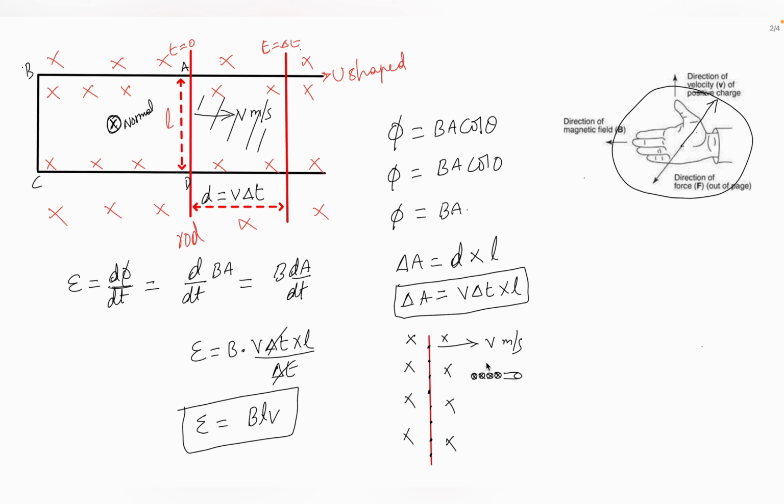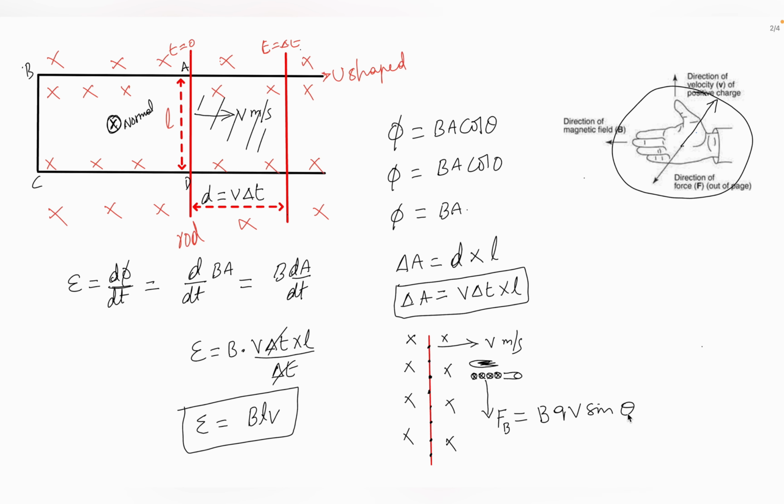This is your upper region and this is your lower region. So the force on these electrons moving to the right should be downwards. This is the force exerted because of the magnetic field, and this force is given by BQV sin θ.